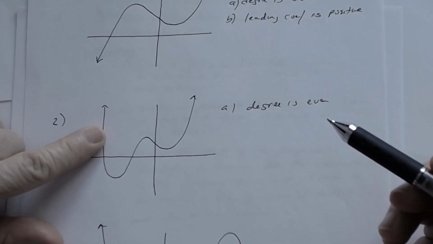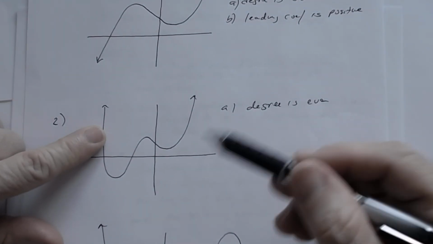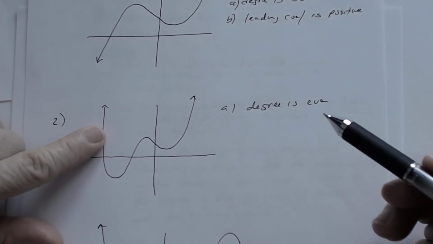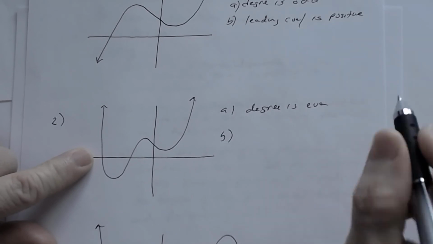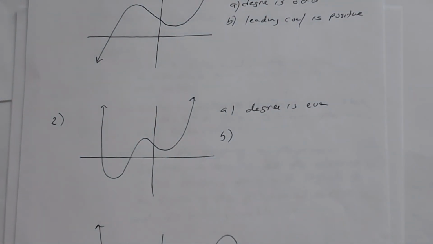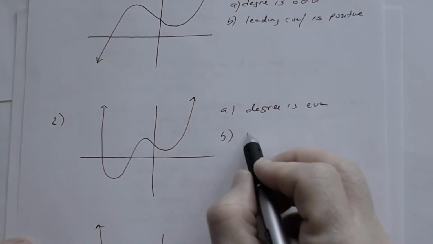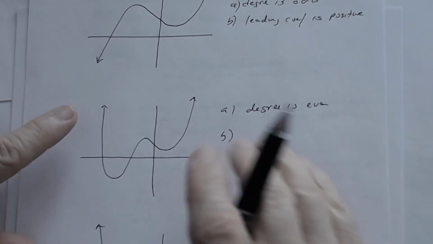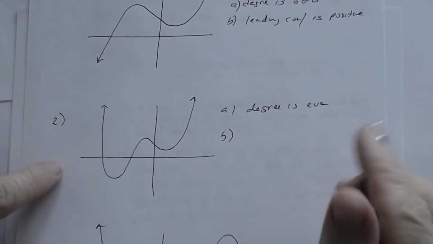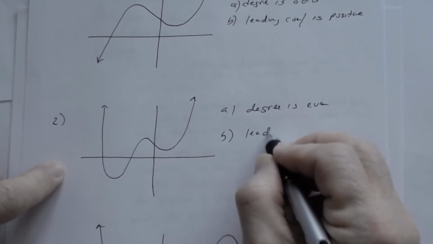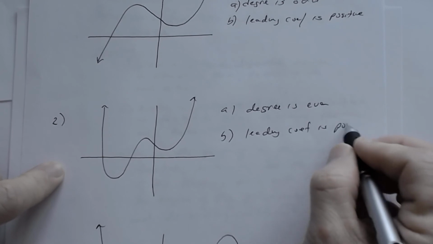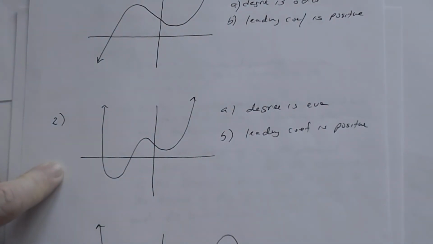You can't tell from here what it actually is. In part B, you want to find the sign of the leading coefficient. So since they're both pointing up, that means the leading coefficient is positive.